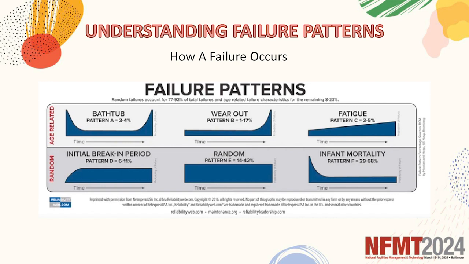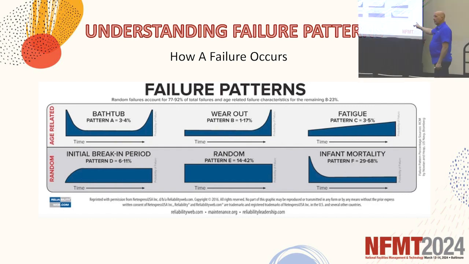Below that, you can see the random sides, the initial breakdown period. You can look at that as it happens very, very suddenly and over the course of the life cycle. When that occurs, maybe we need to look at the fact that we didn't design it properly for what it's supposed to be doing. Does that make sense so far? I'm going to skip the random one for right now and go to infant mortality.